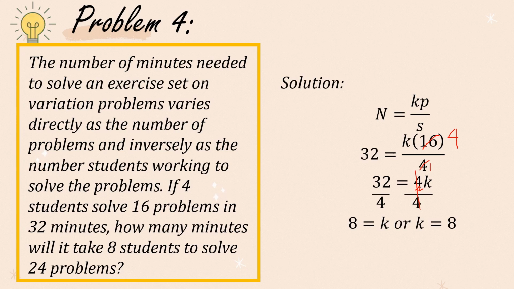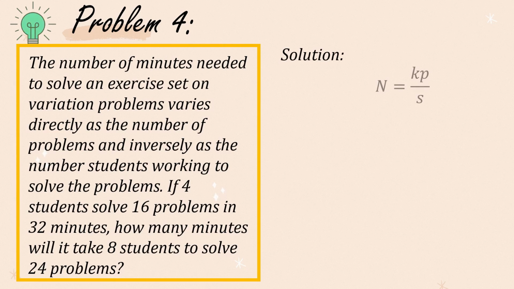Ngayon naman, hanapin na natin ang final answer gamit pa rin ang equation N equals KP over S at ang nakuha nating constant. Gamitin na rin natin ang mga remaining values. Si P ay magiging si 24, si S magiging si 8, at si K ay yung nakuha nating constant which is 8. Anong napansin nyo dito?